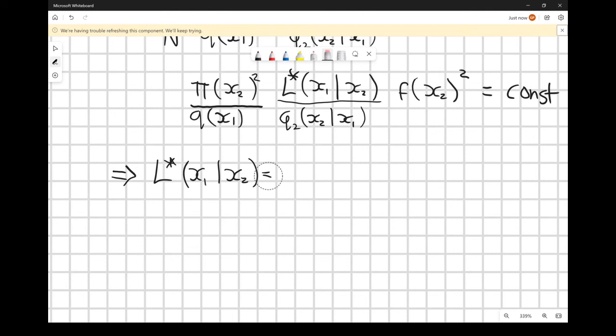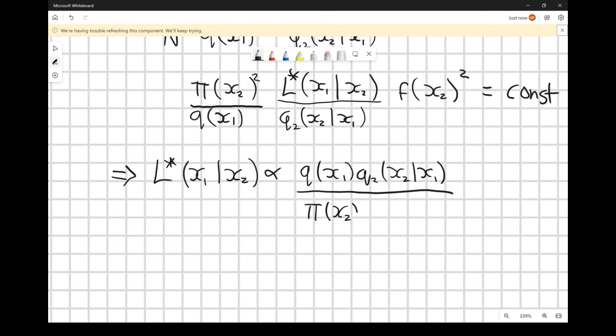So actually what I should really say, being thorough, is that this can be satisfied so long as the optimal L-kernel is proportional to, and we've got our proposal on the numerator, and then on the denominator, what we have here to cancel them is the target at x2 squared multiplied by f at x2 squared.